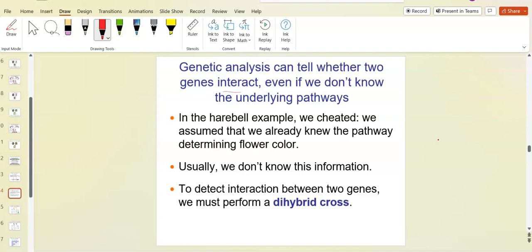But we can tell if the genes interact even if we don't know the pathway because we do a dihybrid cross between the two genes, and we know from Mendelian genetics that we would expect a 9 to 3 to 3 to 1 ratio in a normal Mendelian dihybrid, let's say this.